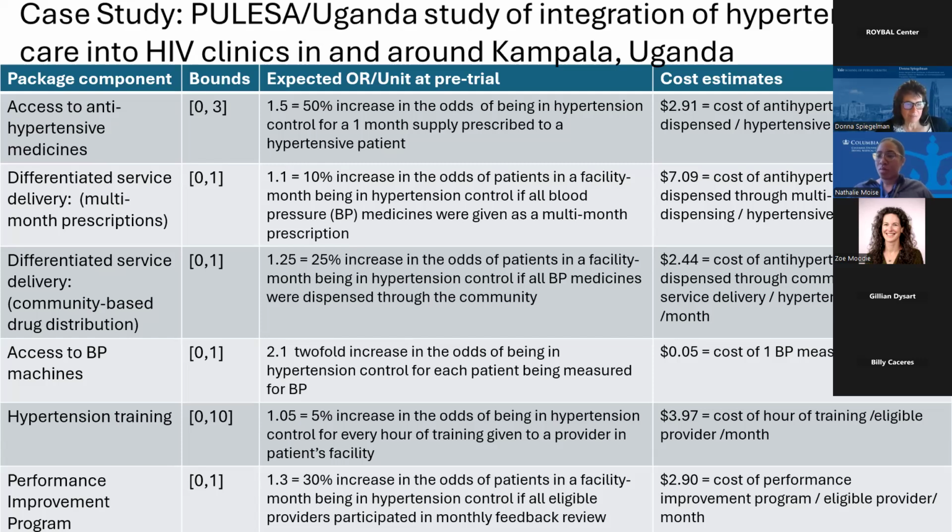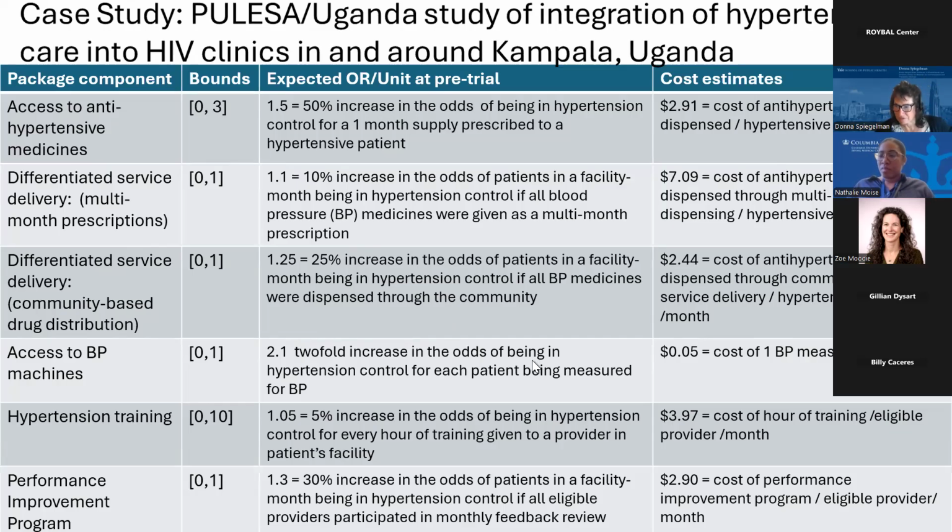Then another component is, can we distribute the medications in the community, or do they have to come into the facilities? And then there's access to the BP machines, that is, if they're getting their blood pressure measured in the facilities. And then the staff has to be trained for hypertension care.